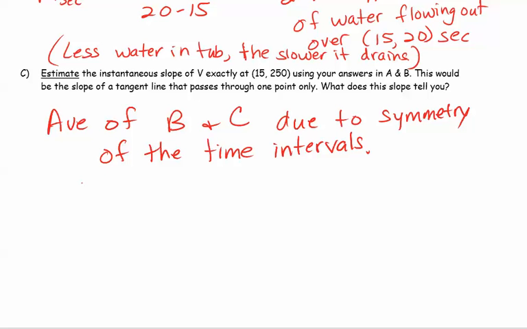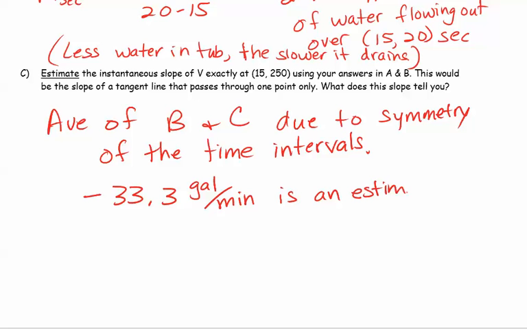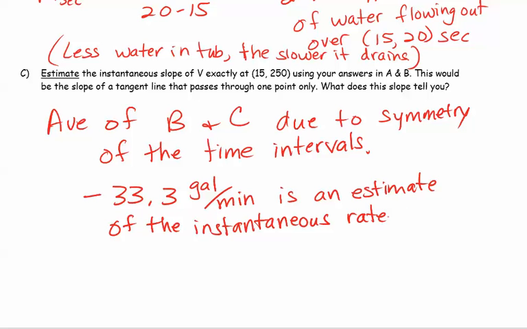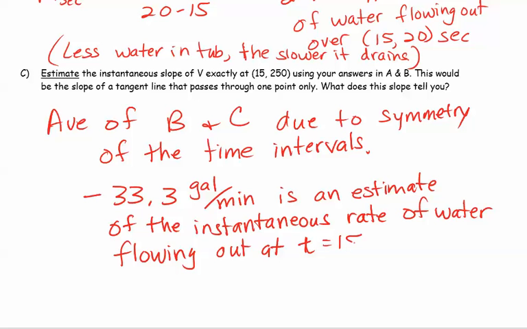So the average of our previous two answers would give us negative 33.3 gallons per minute as an estimate or an approximation of the instantaneous rate of water flowing out of the tank at t equals 15 minutes.